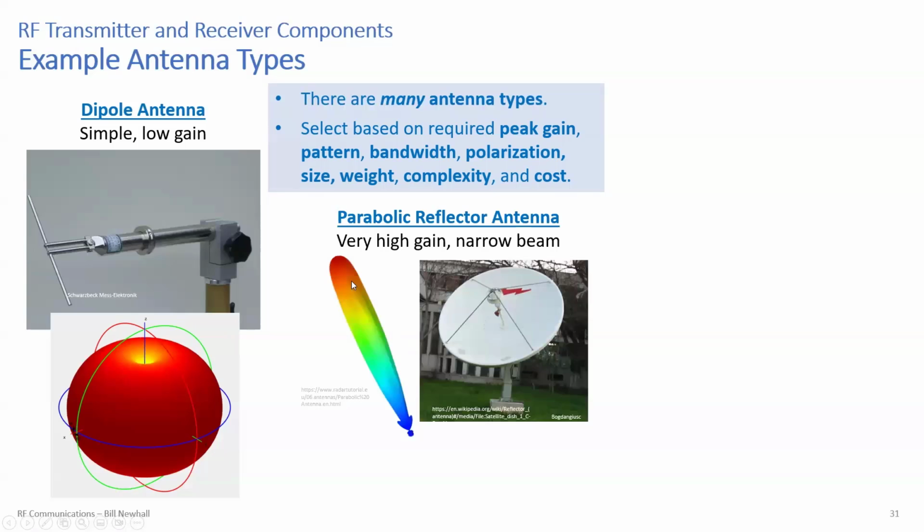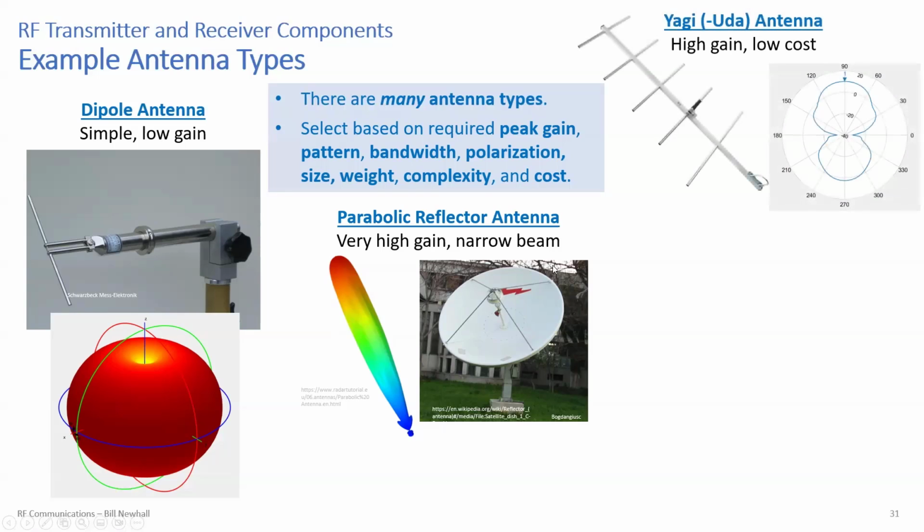And they have more of this pencil beam. They direct their energy primarily in one direction with a very narrow beam width. Okay, but they have very high gain, so that maximizes the power that you're using on transmit to get most of that power toward the intended receiver. In this case, if it's a satellite, the location in orbit.